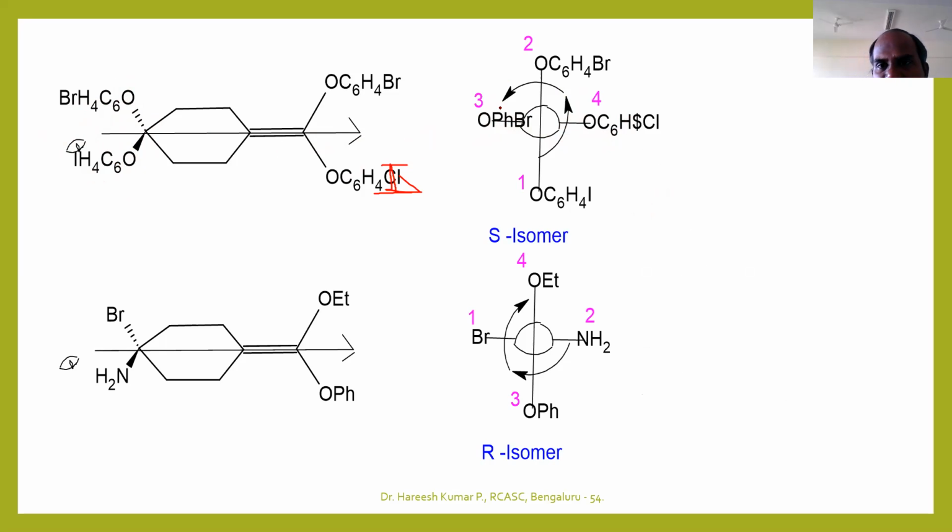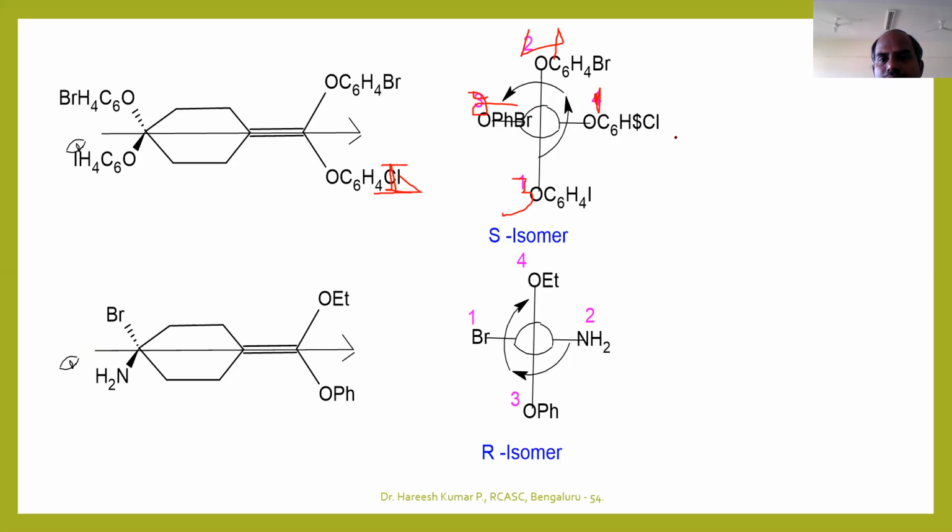So this is 1, and then this is 2. Between these two, this one is 3 and this one is 4.